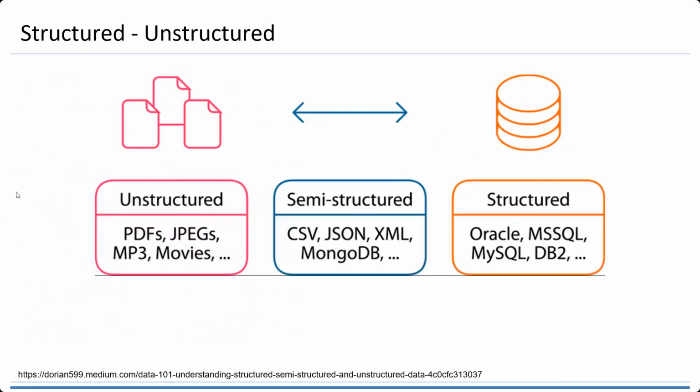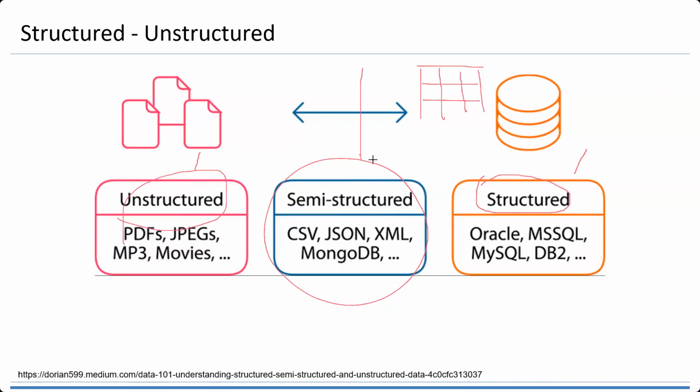So in between unstructured and structured, we have semi-structured. So semi-structured means some of the data is available with row and column, but some of the data is totally random or totally difficult to be structured.